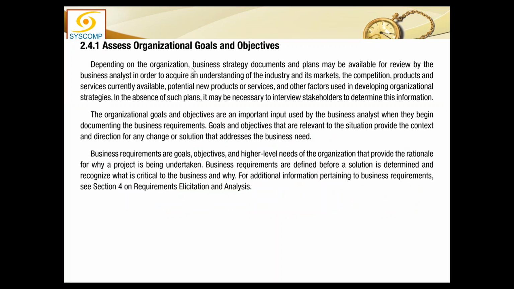Depending on the organization, business strategy documents and plans may be available for review by the business analyst in order to acquire an understanding of the industry and its markets, the competition, products and services currently available, potential new products or services, and other factors used in developing organizational strategies. In the absence of such a plan, it may be necessary to interview the stakeholders to determine this information.